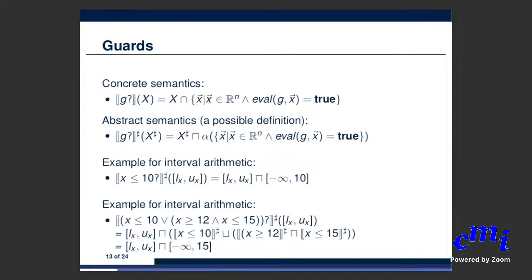I'm sorry, it's the greatest lower bound that it has to produce. For example, if I started with 2, 5, the intersection will give 2, 5, and if I started with 2, 11, it will constrain it to be between 2 and 10. That will be the greatest element, as per the ordering on the interval domain, that is less than both the arguments.